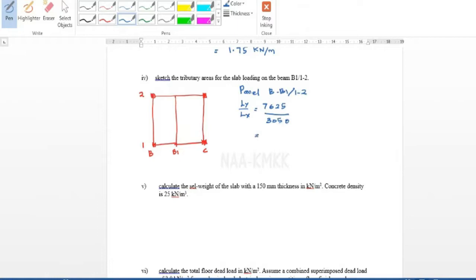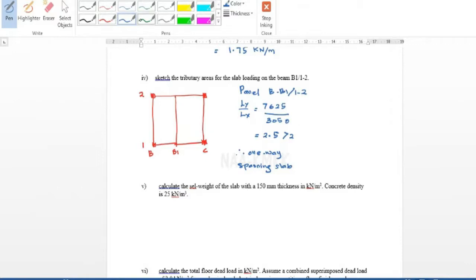So from here we get 2.5, which is more than 2. Remember, once Ly over Lx is more than 2, that is a one-way spanning slab. It is a one-way spanning slab.